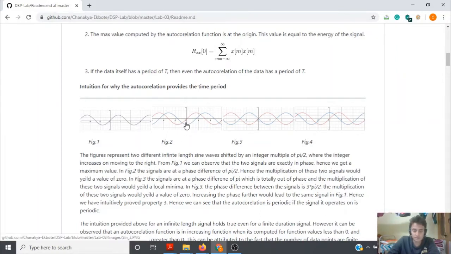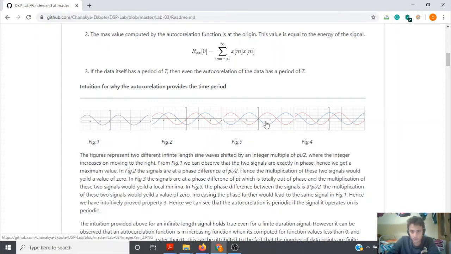When you shift a particular signal by exactly pi by 2, one wave becomes a perfect sine wave and the other wave becomes a cos function. So if you multiply this over an infinite duration and you integrate over that, or you sum over that depending on whether you're using a discrete or a continuous time frame, you will get a value of 0.